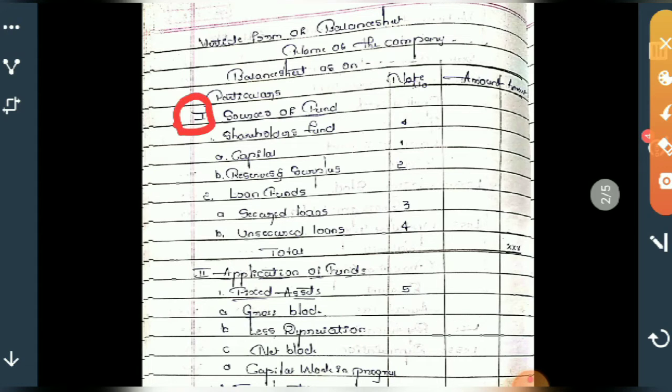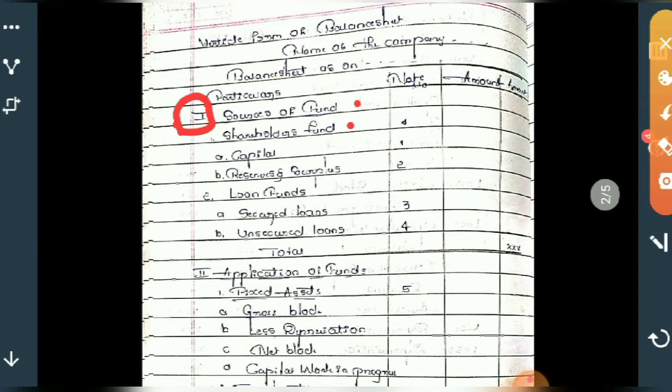Sources of funds means liabilities. You were writing the liability side in the horizontal balance sheet with the heading liabilities, but here the heading sources of funds is used. Whatever you write on the liability side of the horizontal balance sheet will follow here.